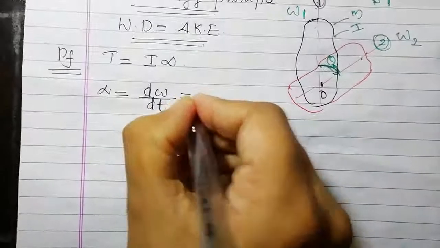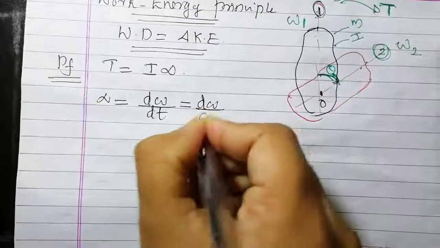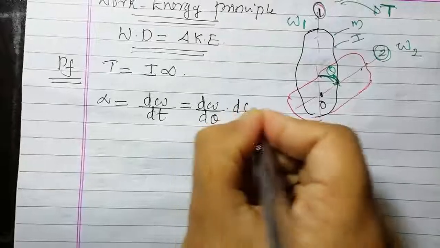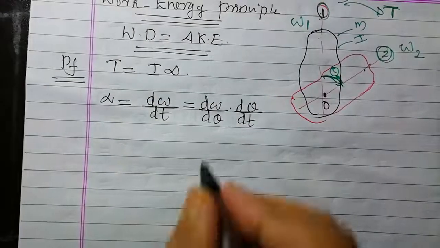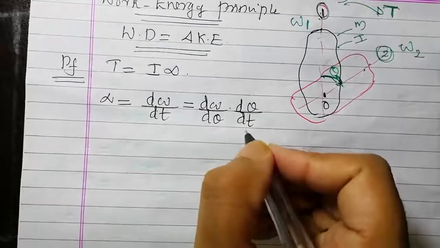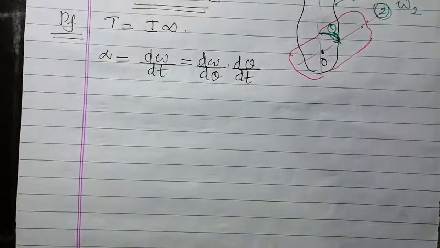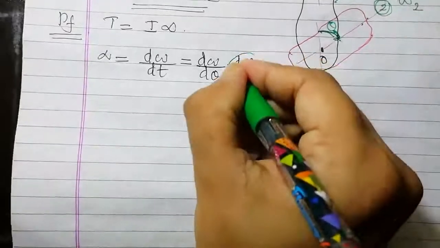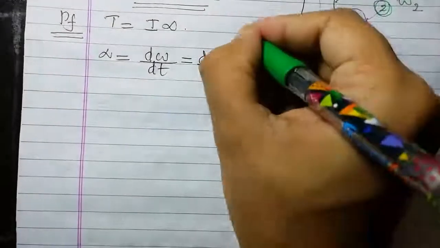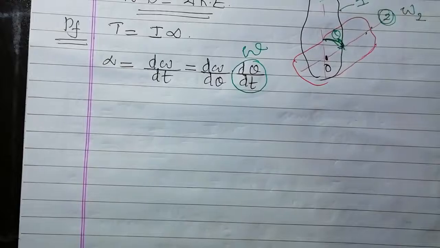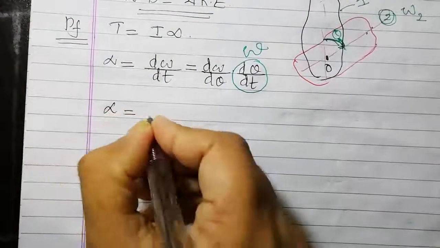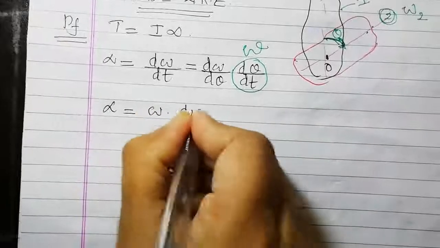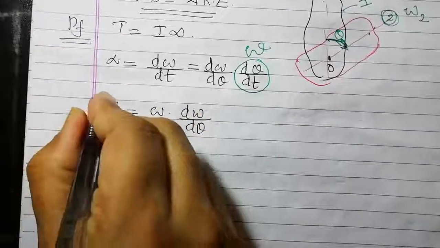Applying the chain rule, instead of d omega by dt, I can write d omega by d theta into d theta by dt. What is d theta by dt? It is nothing but the angular velocity omega itself. So I can write alpha is equal to omega into d omega by d theta.